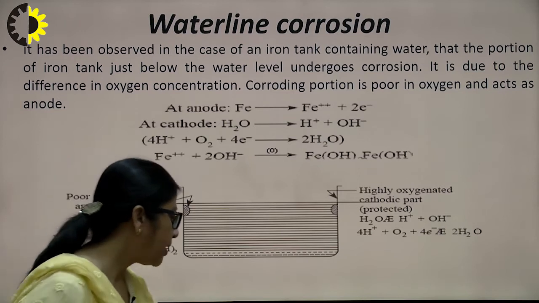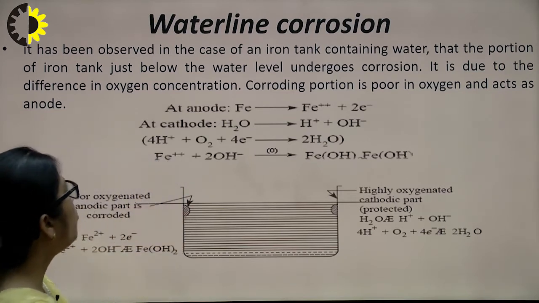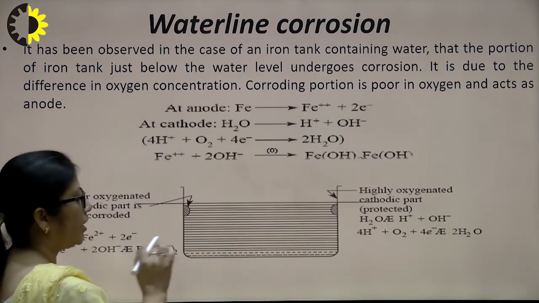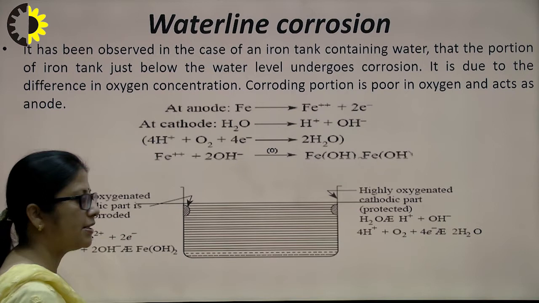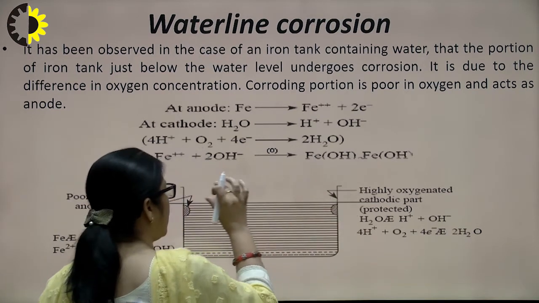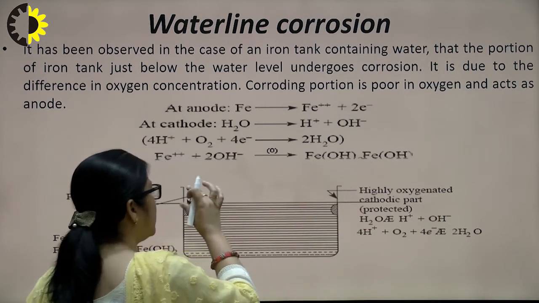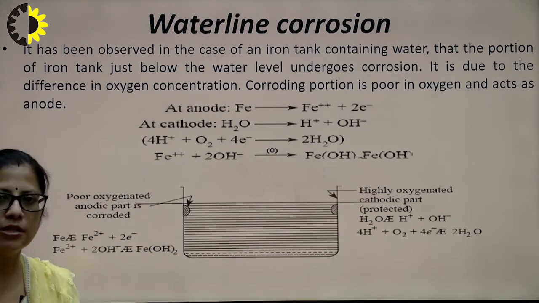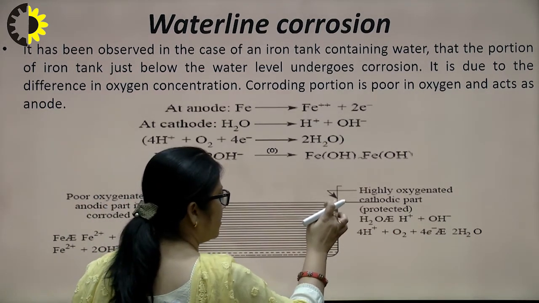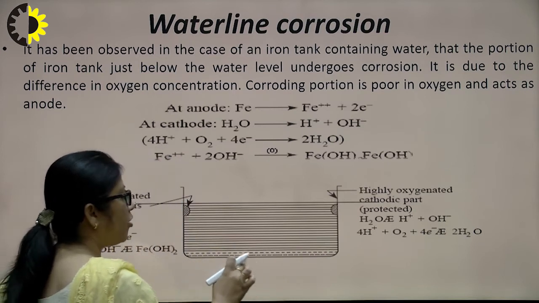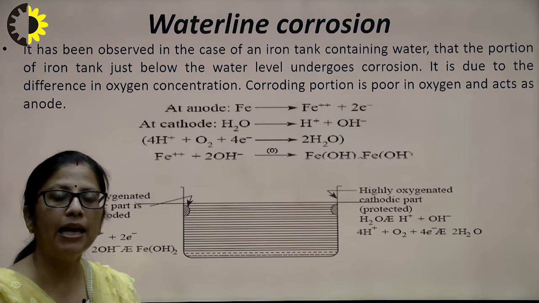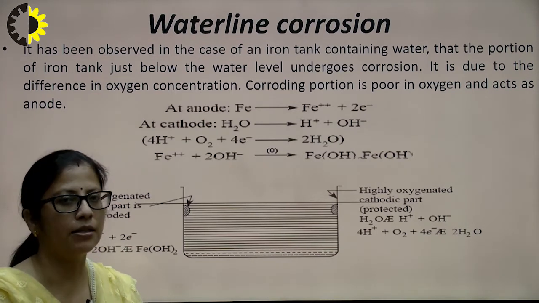For example, in this waterline corrosion, this is the steel tank which contains water, and water is not completely filled. There is some space. Now, this space above water is only air, and this part contains high oxygen concentration, whereas the part below this water line, here the concentration of oxygen is low, and they are the poorly oxygenated parts.